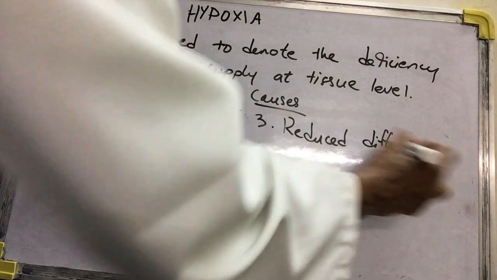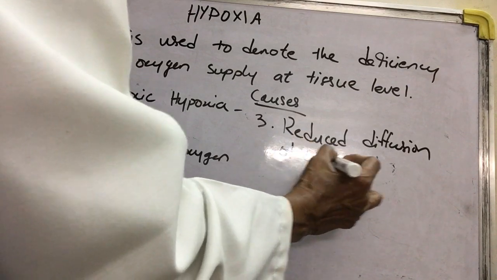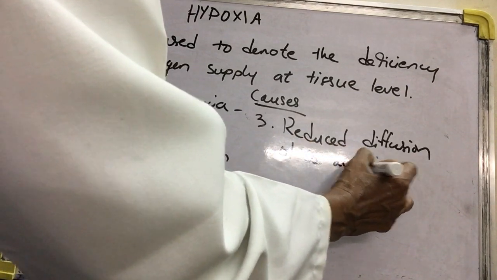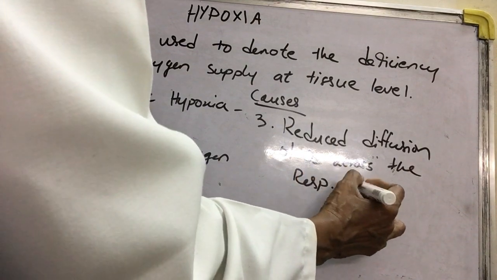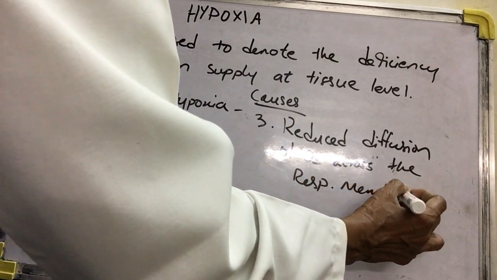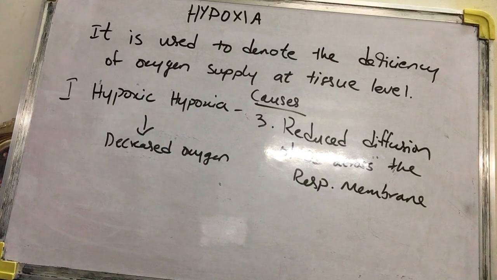This is seen when there is a marked reduction in the area, as in emphysema. If the area of the respiratory membrane is decreased, there will naturally be decreased diffusion of oxygen.